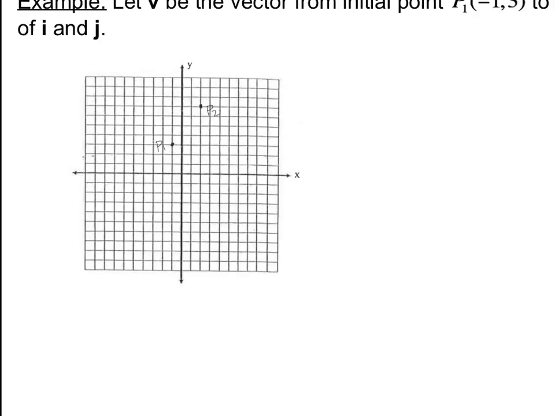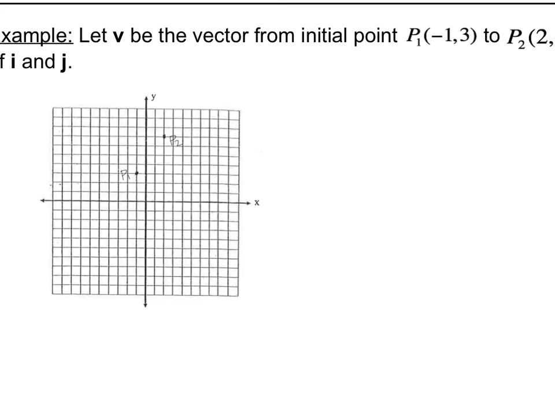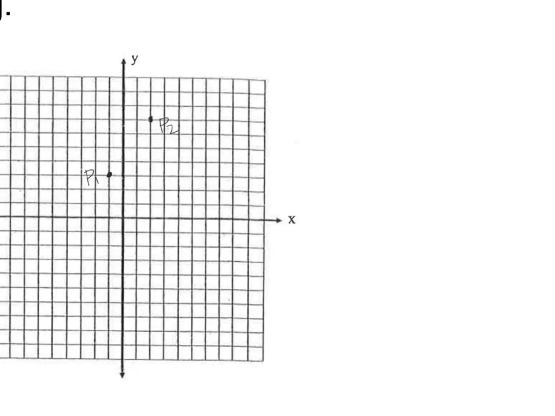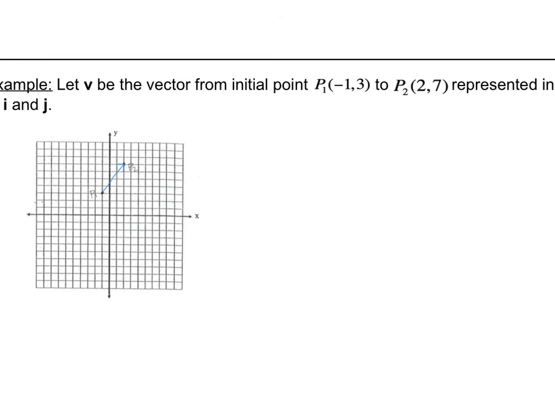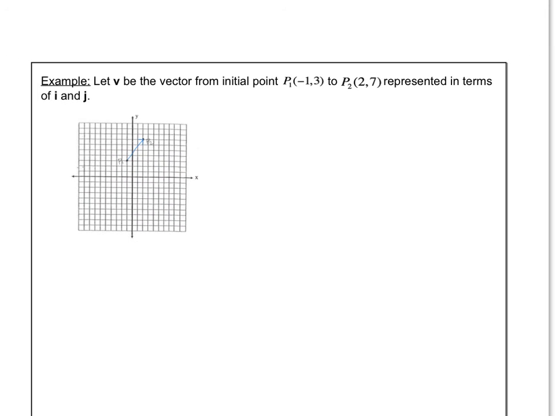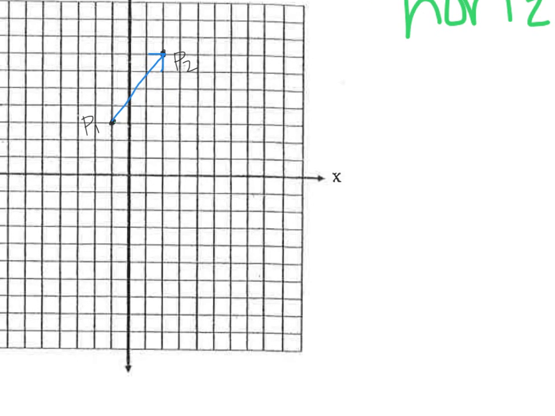That's P2. So I know my vector, you got to keep track of your direction here. My vector right now is starting at P1 and stopping at P2. So what I need to do is find the 2 components that are going to get me there. I'm thinking about the horizontal component first, because that's what we write first in component form. I'm just literally looking at how far over does it have to move to get lined up with P2.